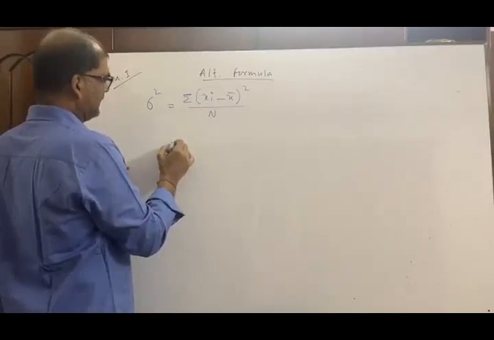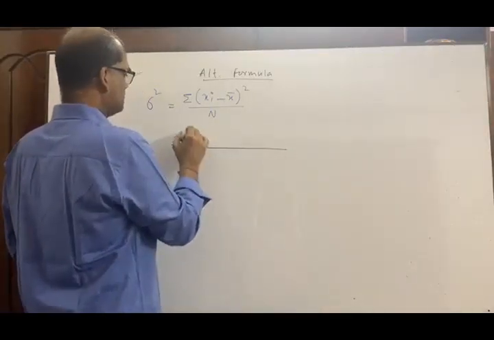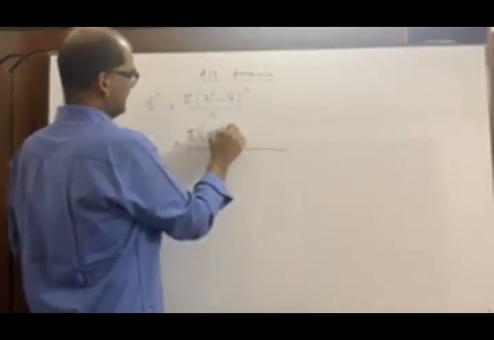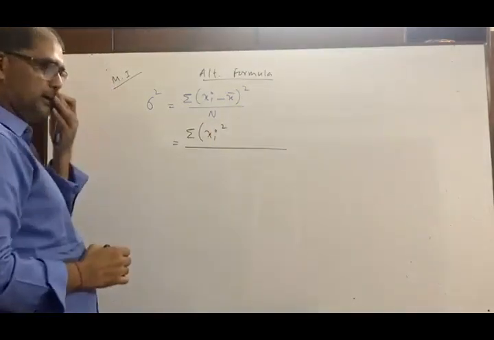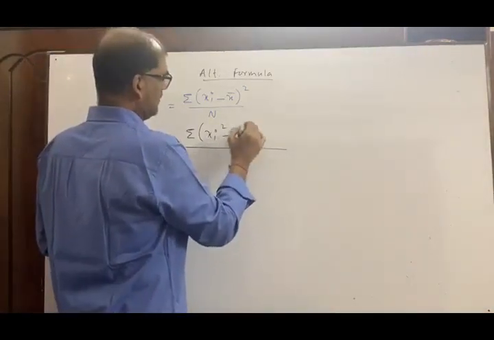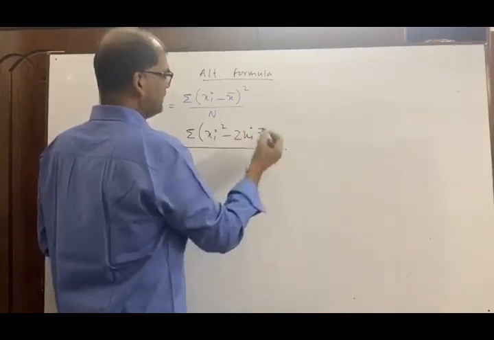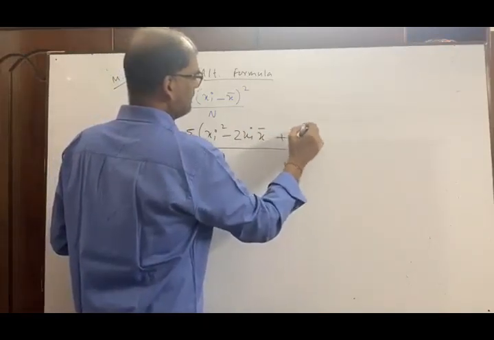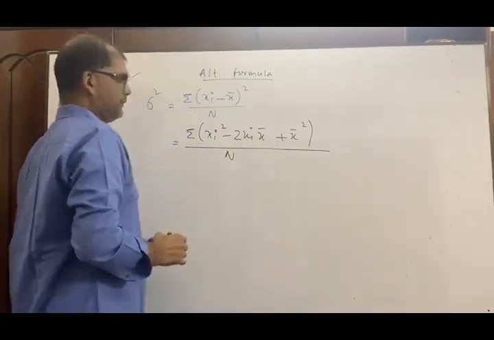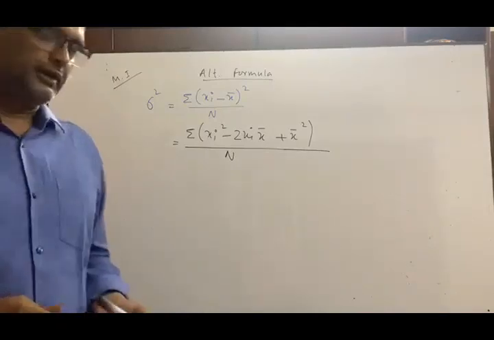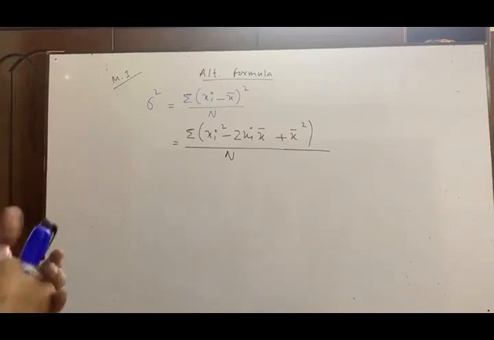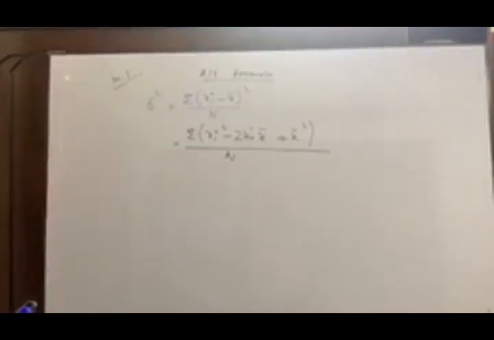Okay, then we can write summation xi square. The a minus b whole square formula: a square minus 2ab plus b square. Have you seen? Please try to understand. What I have done, I have just applied the formula a minus b whole square.